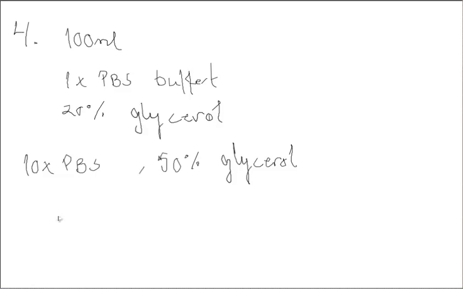And what we have to do is to dilute the stock solutions that we have. We can do that by using the formula C1 times V1 equals C2 times V2.